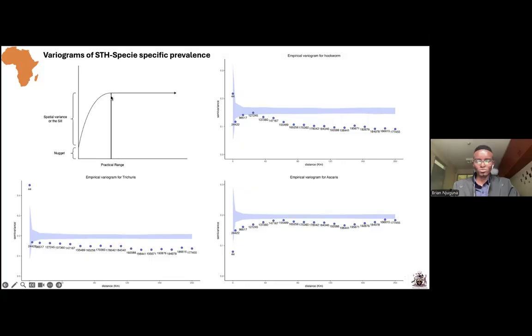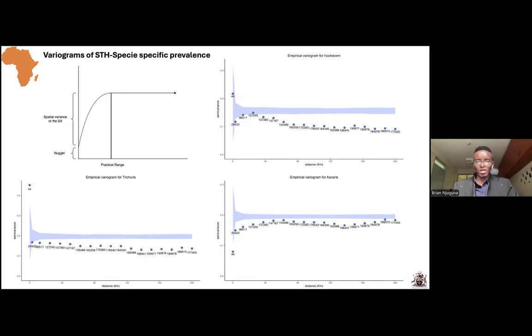This distance we usually call the practical range. What that means is that beyond this distance, the school prevalence at one location does not influence or correlate with another school. So that's how we investigate it.